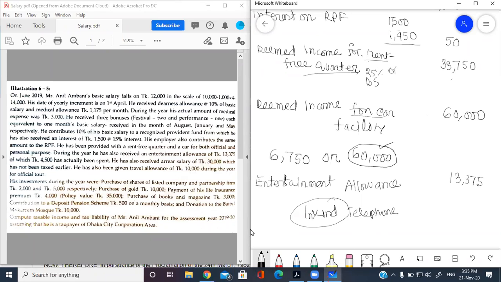As they are not receiving the cash amount, their tax liability becomes lower. So they can avoid taxes.